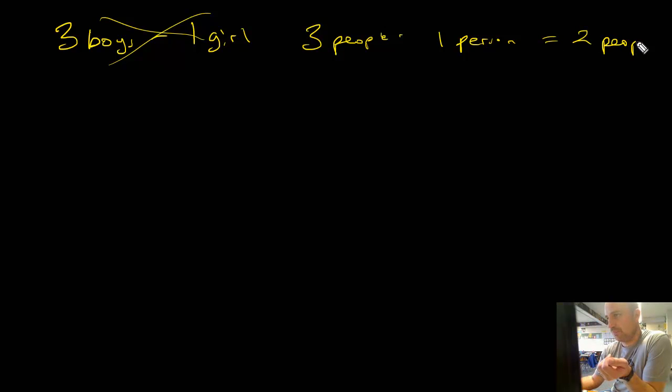But if I did switch them over to 3 people minus 1 person, they're both people, I can do that. I would end up with 2 people. So it's the same kind of scenario when we're doing fractions. We need to make sure that we're subtracting parts that are alike.